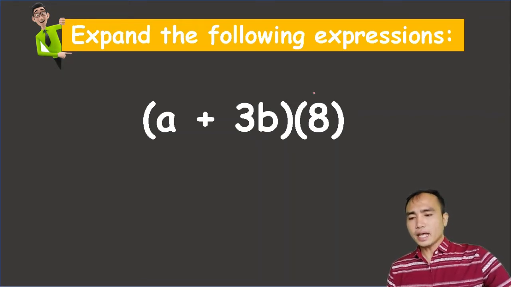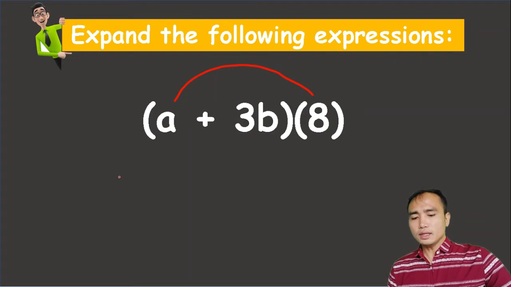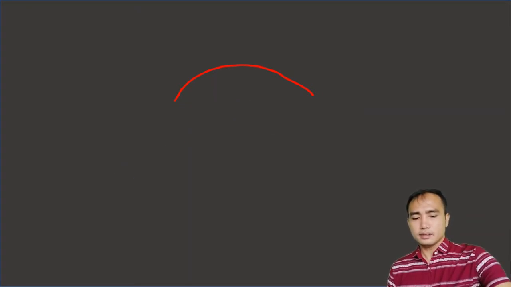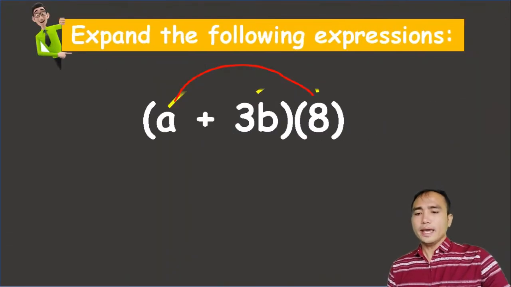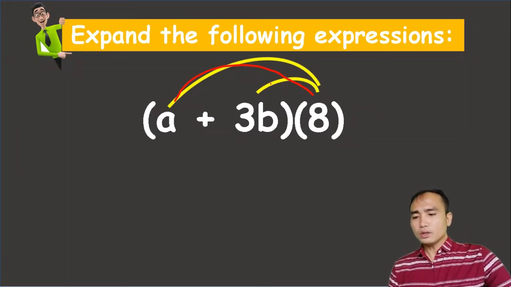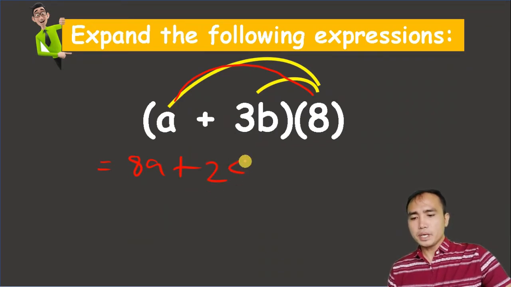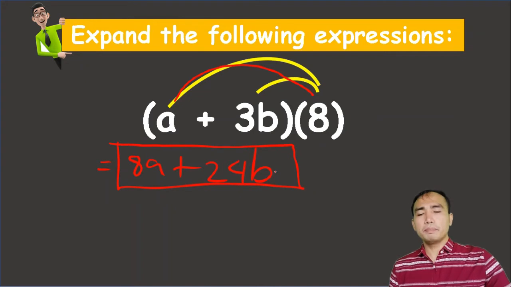So 8 times a is 8a, and then plus 8 times 3b is 24b. Okay, that is our final answer, 8a plus 24b.